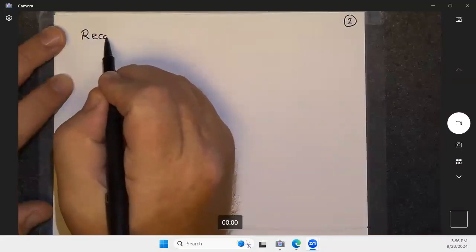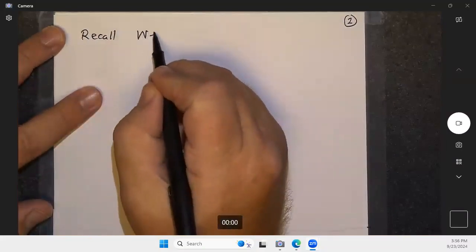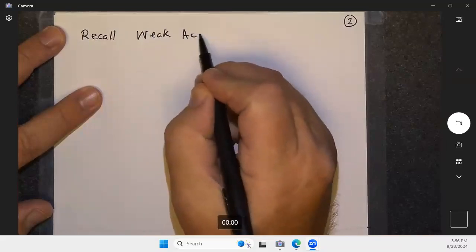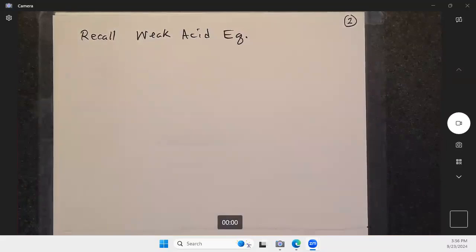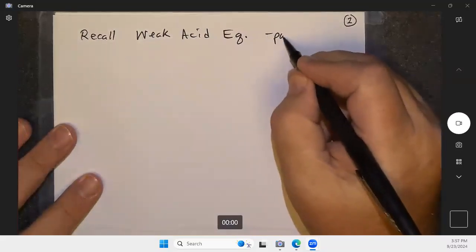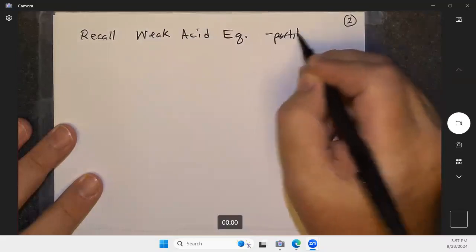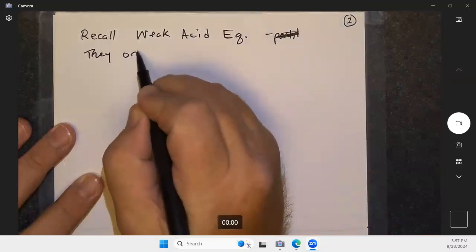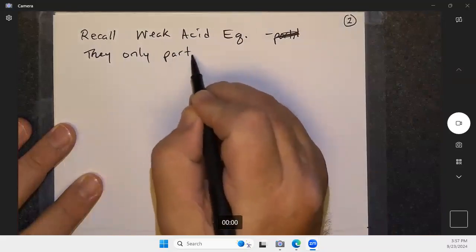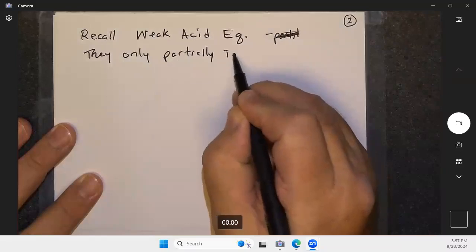I also want you to recall weak acid equilibrium. Weak acids only partially ionize.